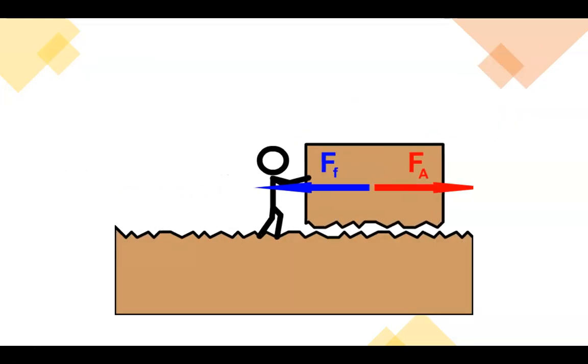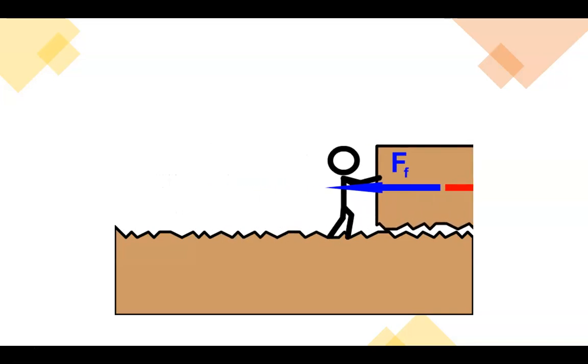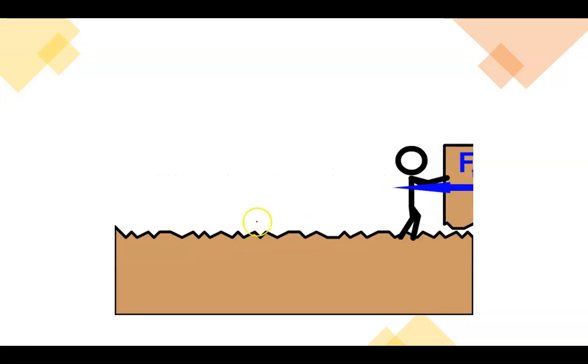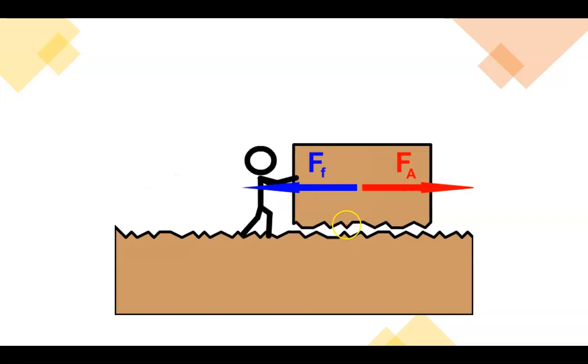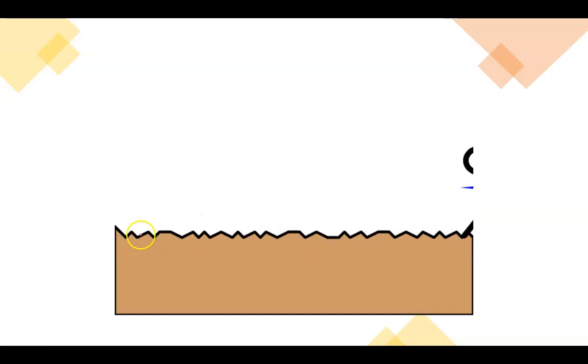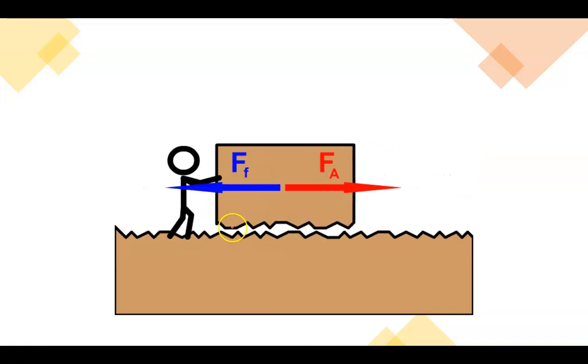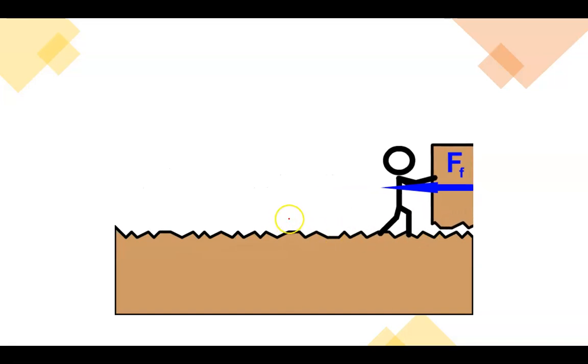So if we were to take a look at that, the idea here is that we have an object moving, and these things are not actually perfectly level at an atomic level. Even if it's what we would consider ice smooth, if we took it at an atomic level, we still have these ridges.